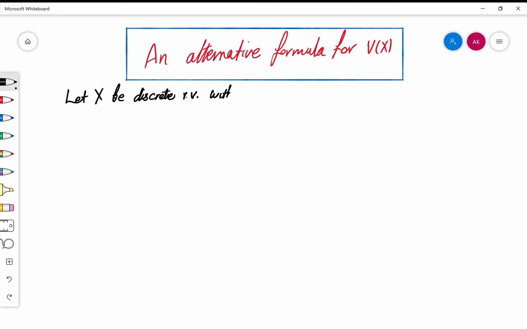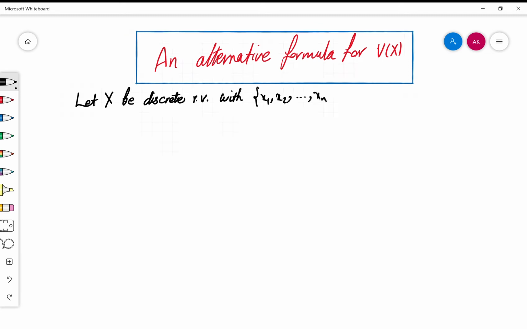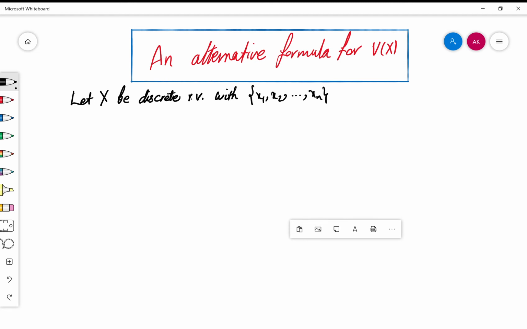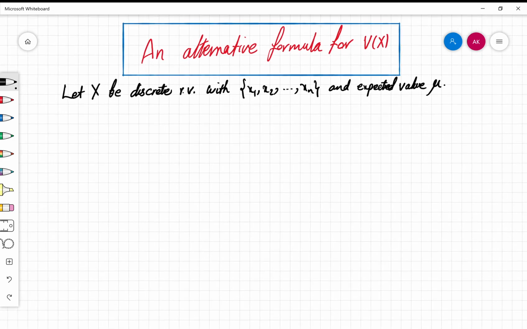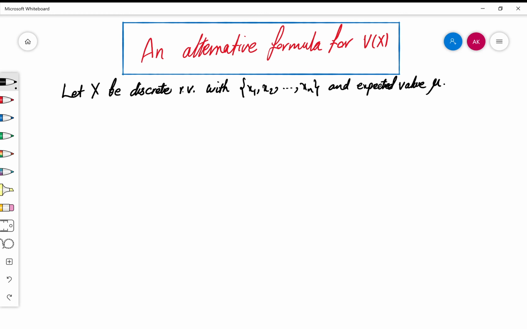And it has finitely many values, x1 up to xn, and the expected value mu. Then the way we computed this thing was this. Okay, so V(X) is this number.